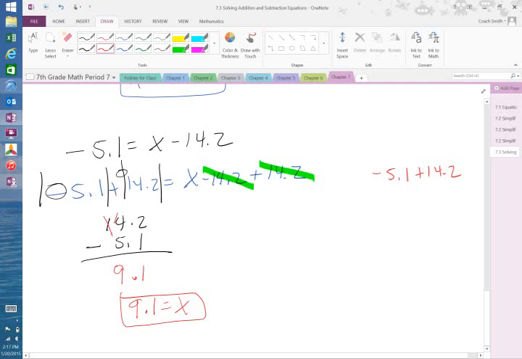Well, it's a negative and a positive, so that means my rule is when you have a negative and a positive number, in this case a real number, not an integer, I must subtract their absolute values. Just like if that was negative 5 plus a positive 14. What would you do? 14 minus 5, right? And then keep the positive sign.